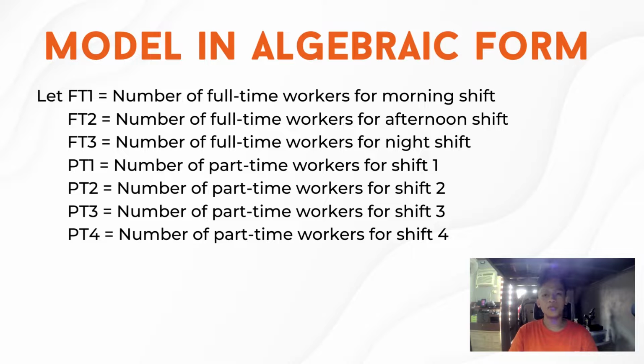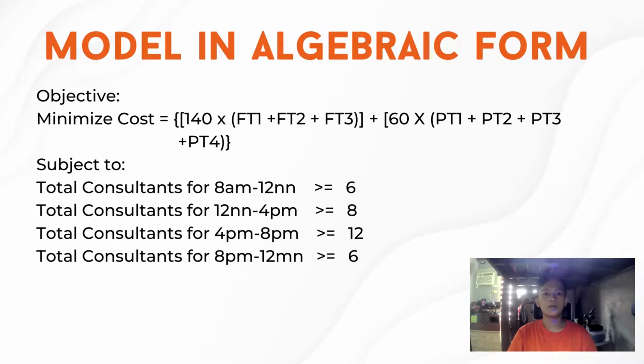And PT1 to PT4 represents all the part-time workers for shifts 1 to 4 respectively as well. Then our main objective is to minimize cost in hiring the consultants, in which full-timers cost $140 and part-timers cost $160 per shift. So we just multiply these numbers to its corresponding number of consultants.